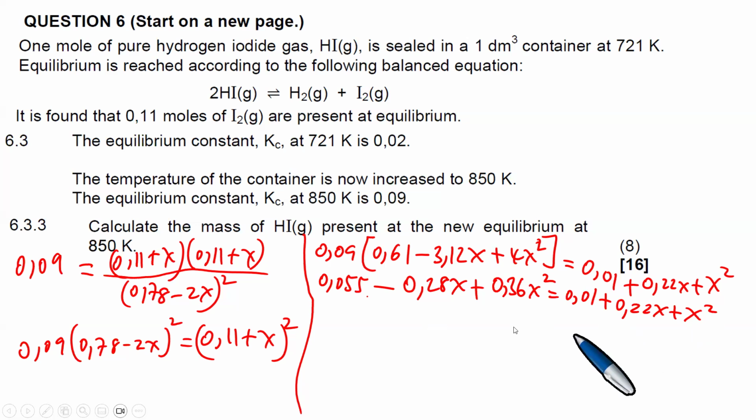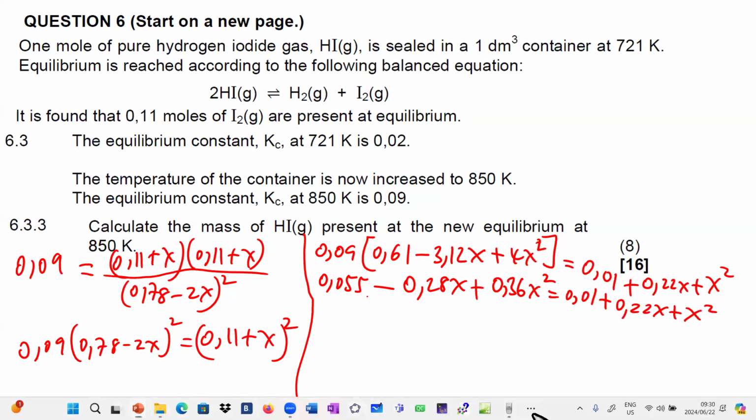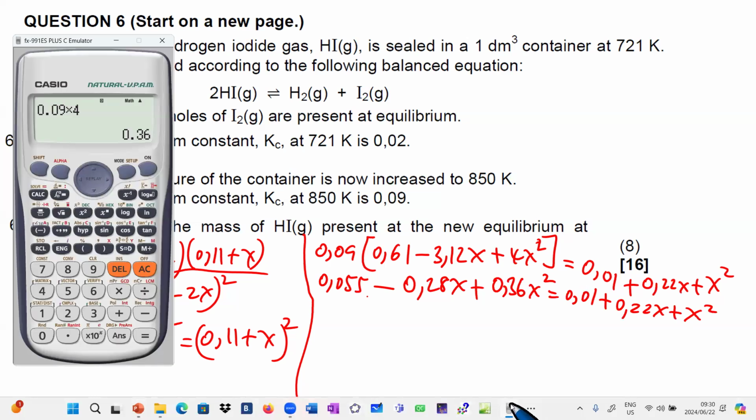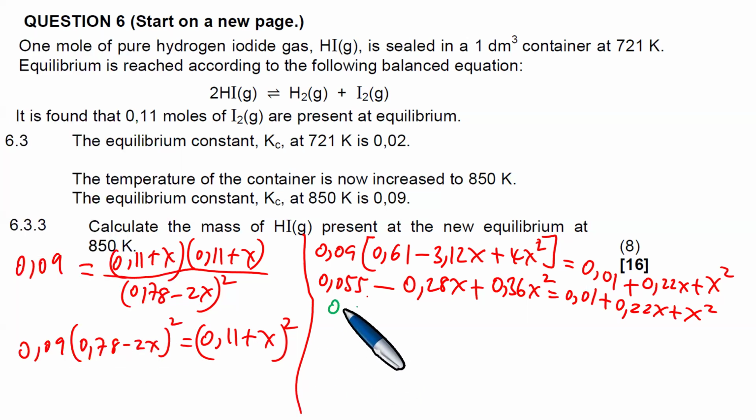So it's x squared minus 0.36x squared, so minus 1, which gives 0.64x squared.